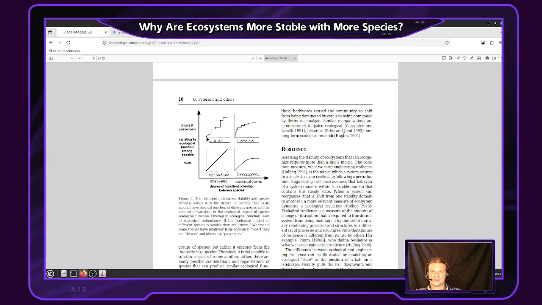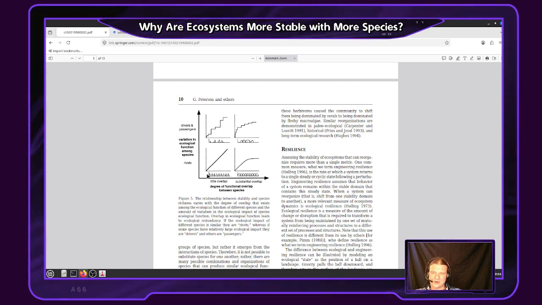So drivers and passengers says that most of the time, as you add more species, you're going to follow this horizontal line. You're not adding a lot of function. But then you suddenly add a new species, and that species ends up being really important and drives the functions way up. Right? And then we have a bunch of species that do something that something else already does, and so forth and so forth. And if we have a lot of overlap, that's a much smoother curve. If we don't have a lot of overlap, that is really just a stair step.